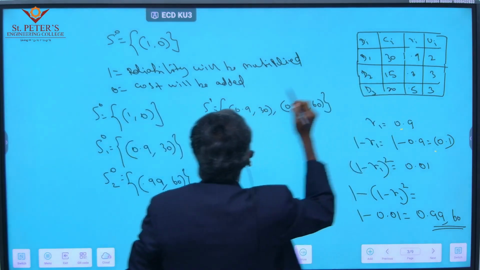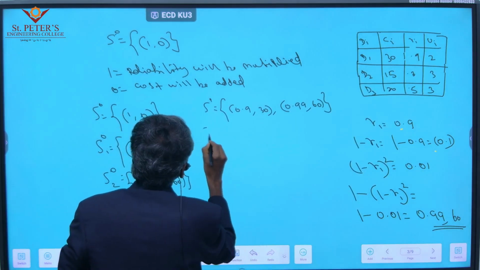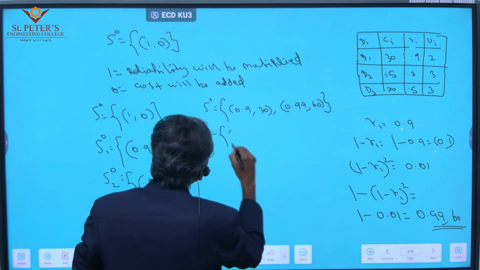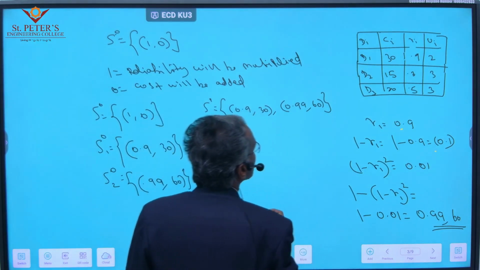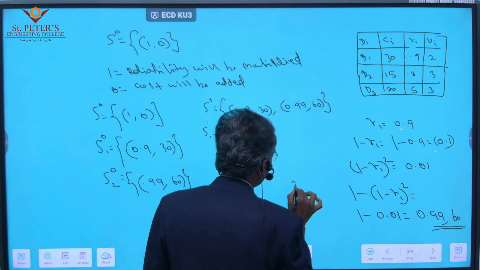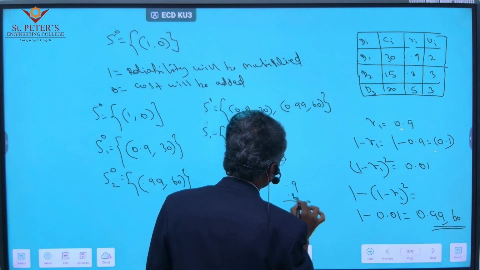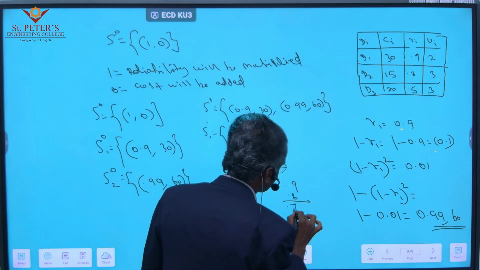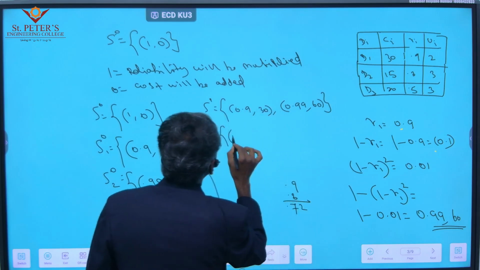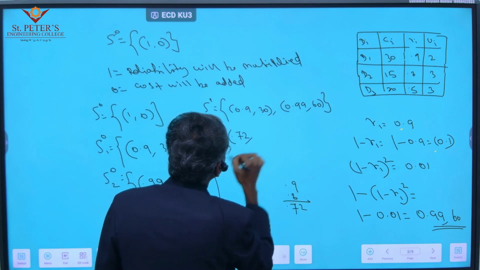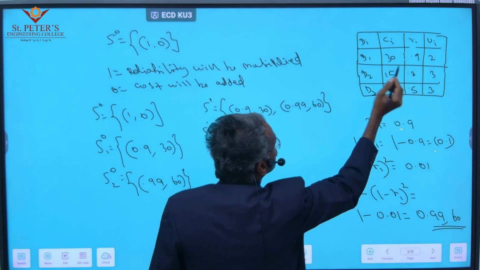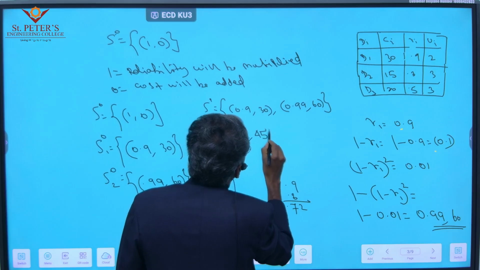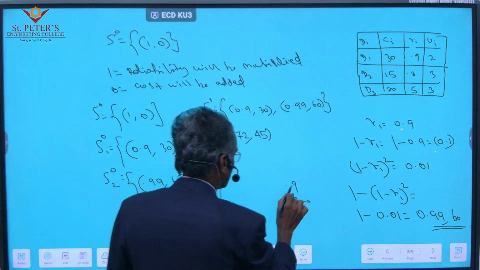So 0.8 into 0.9 is 0.72, and 15 plus 30 is 45. Right?